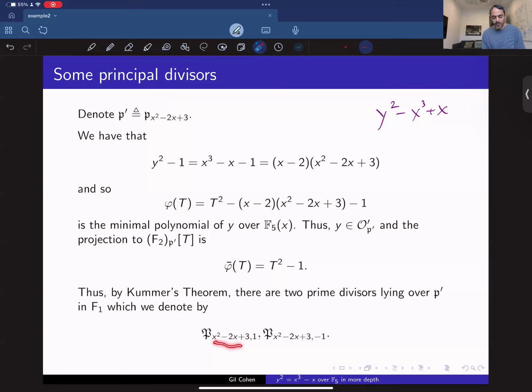I can just write the name of the polynomial. Or if you want, I can write x minus a solution, one of the roots of that polynomial, and then its conjugate will be implied. But anyhow, you just write it like that, with a 1 and with a -1 corresponding to the t plus 1 and t minus 1 factors that you have.